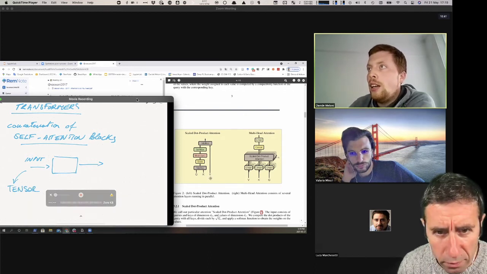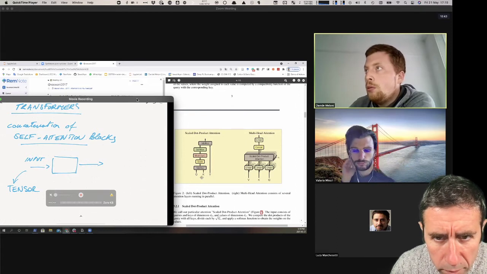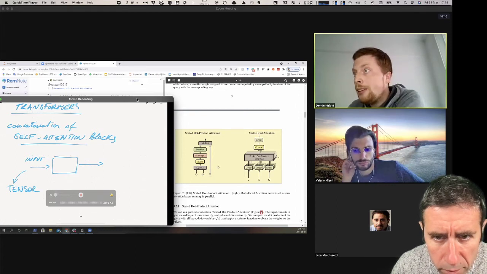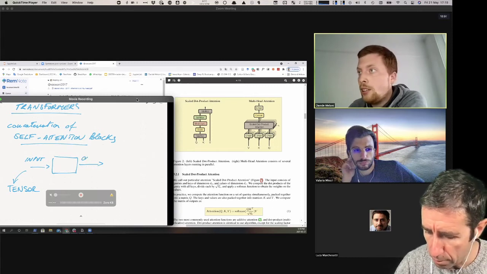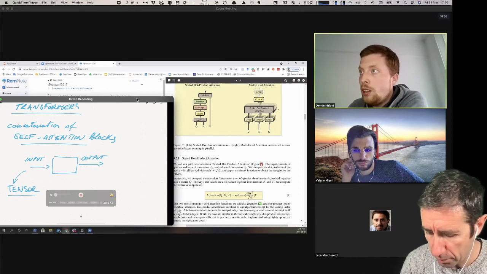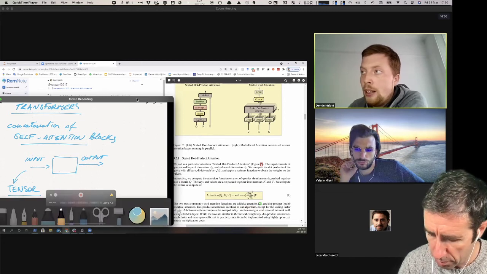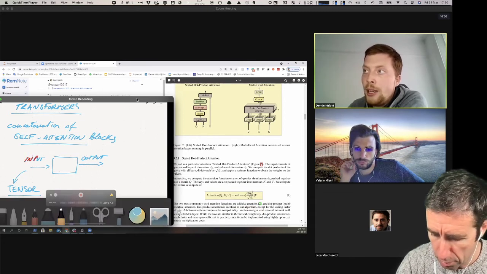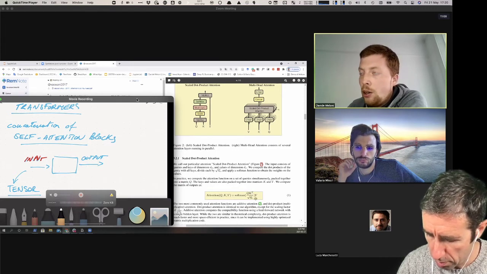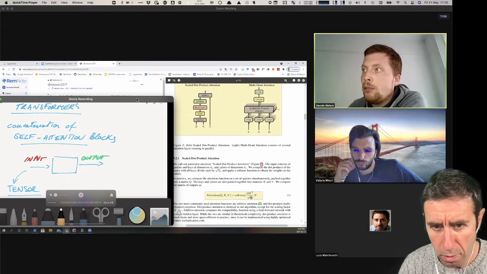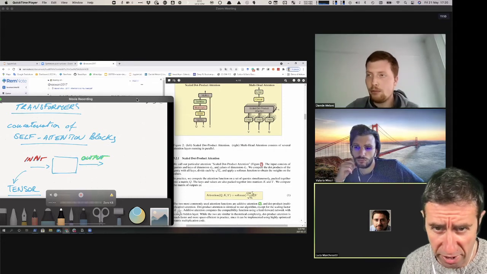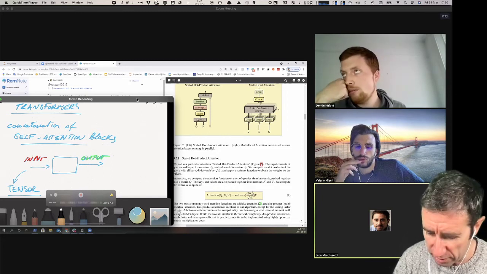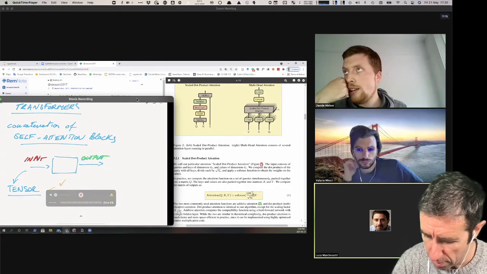So the mathematical interaction among these three elements is explained here. You basically multiply the query matrix with the keys. You normalize with the size of the input vectors, and you apply a softmax. And just for clarity, what is the value, what is the key, and what is the query? It depends.